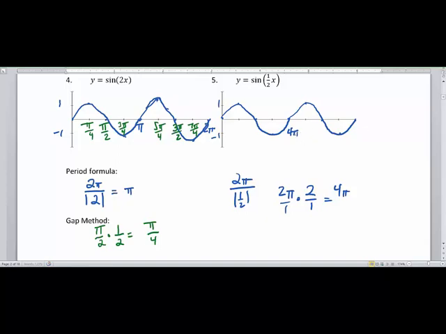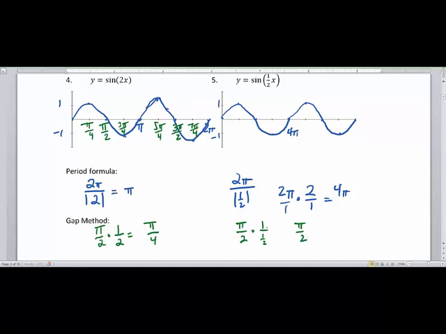Now you could divide that by 4 and get all the rest of your tick marks, but instead of doing this method, you could have done the gap method, which is you take your pi over 2, which is the gap for sine and cosine, and then multiply it by 1 over 1/2. Now 1 over 1/2, again, we're going to rewrite this as pi over 2 times 1 divided by 1/2.